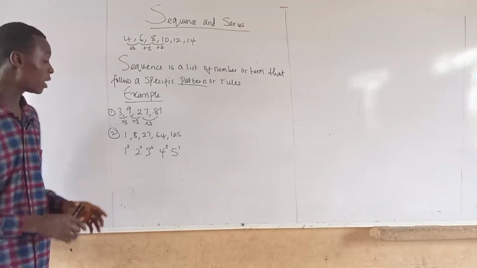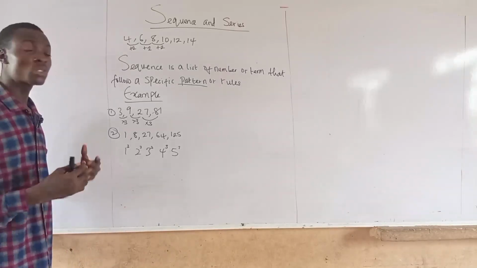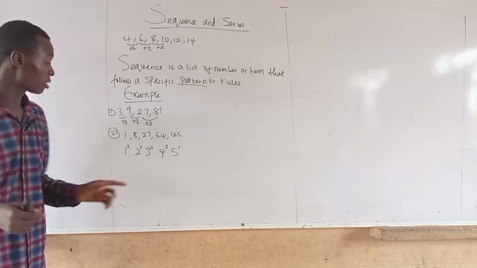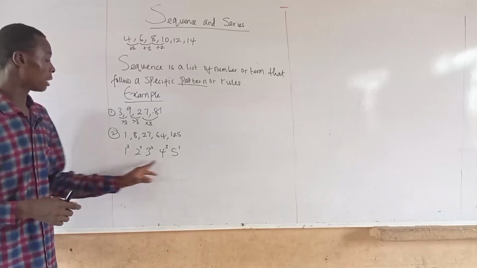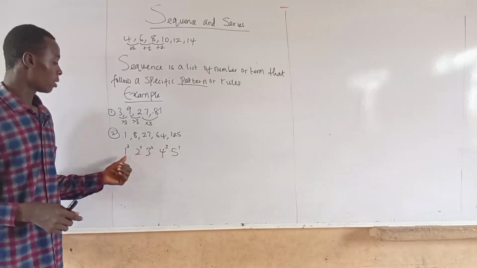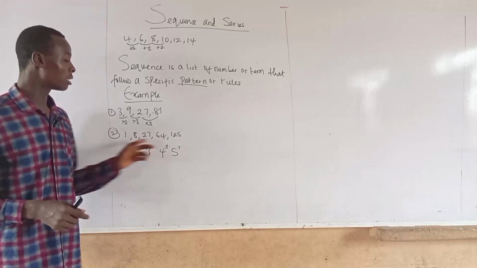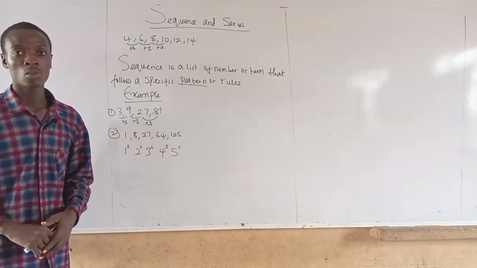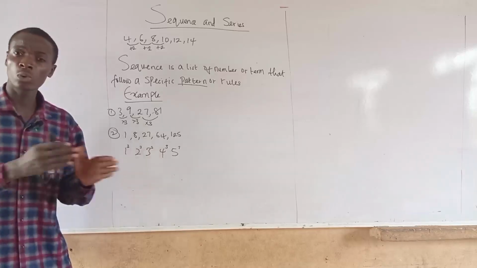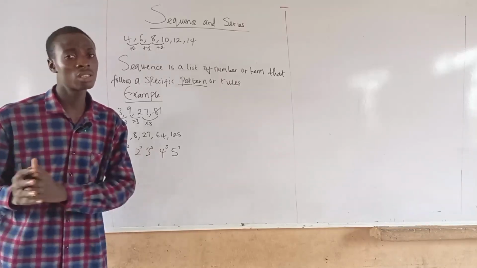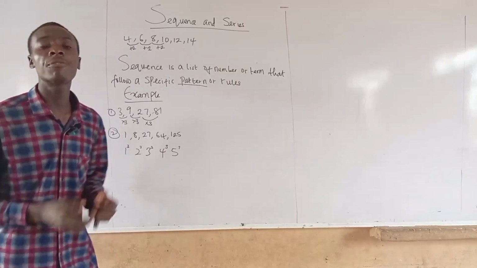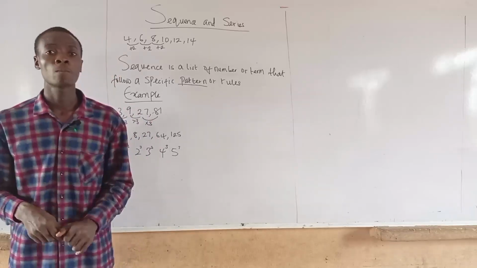As far as they follow a specific pattern common to all of them, it is called a sequence. All these numbers keep increasing by 1, from 1 to 2 to 3 to 4 to 5, but the power is constant. If they follow a specific rule, they are known as a sequence.